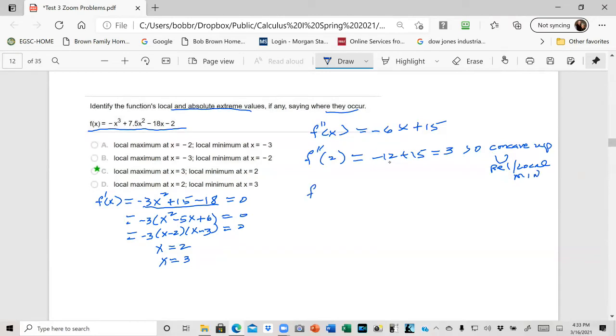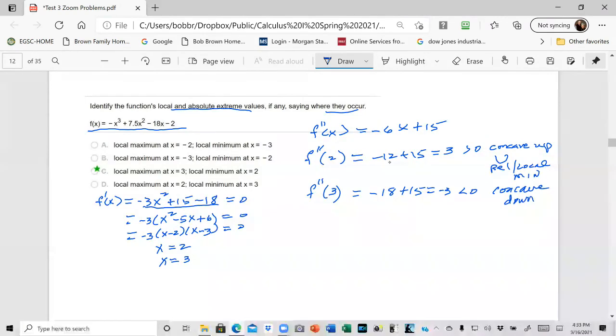Now looking at x equal 3, we get minus 18 plus 15 equal minus 3. That's less than 0. That means it's concave down.